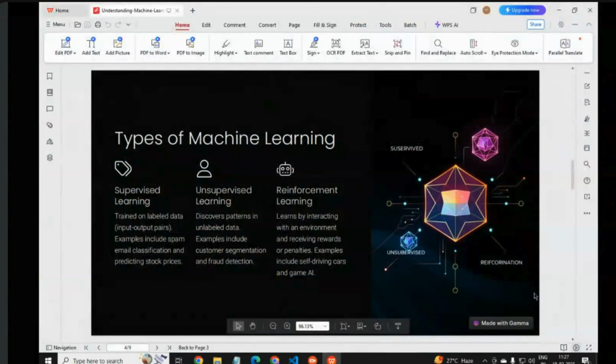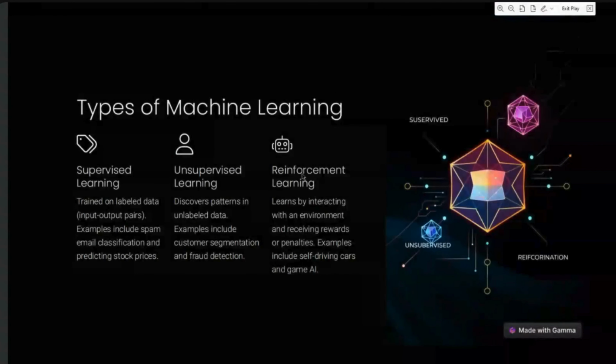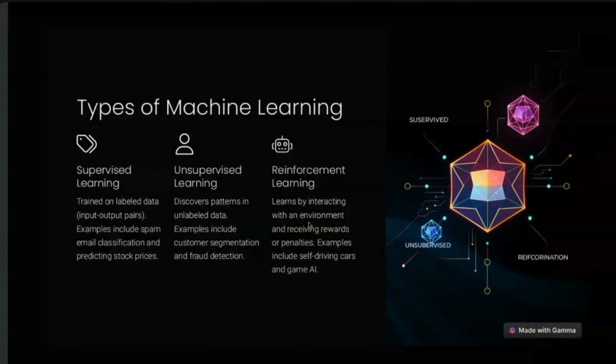So now we have to see reinforcement learning: learning by interaction with an environment. Like we are staying among bad people and good people. There are so many people going to college, gathering with lots of people, but they know how to stay with bad people and how to behave with good people.